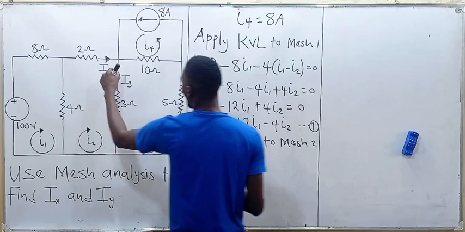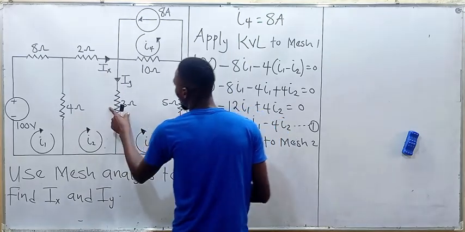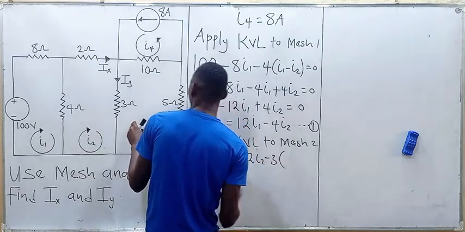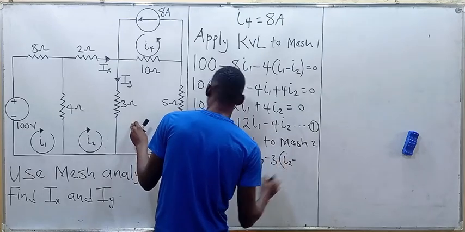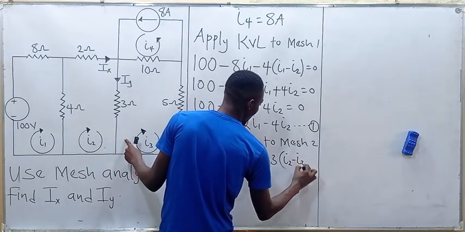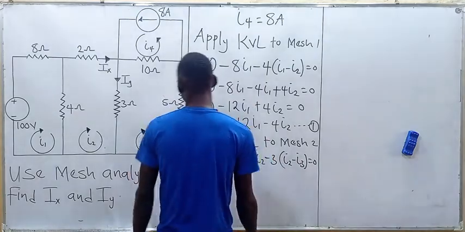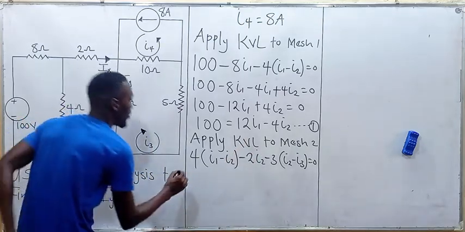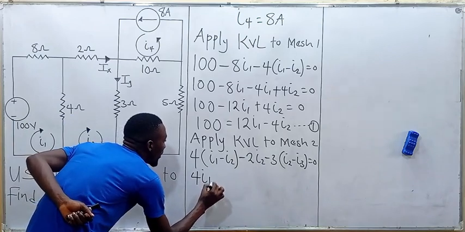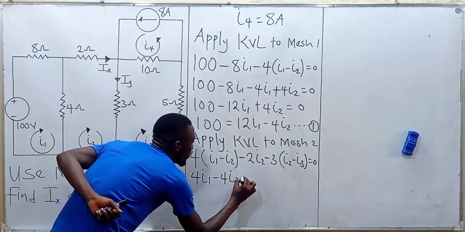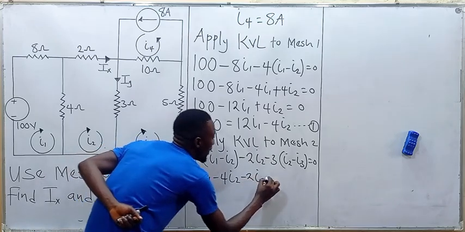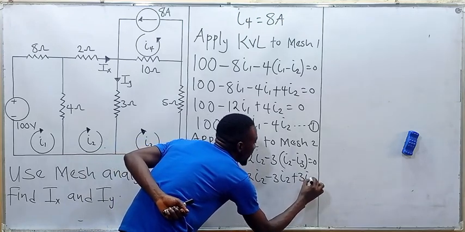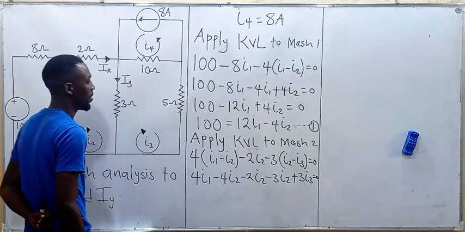All right. Our 3 ohms is between mesh 2 and mesh 3, so it's going to be minus 3 into I2 minus I3. This will be equal to 0. If we simplify this, we're going to have 4I1 minus 4I2 minus 2I2 minus 3I2 plus 3I3 equals 0.